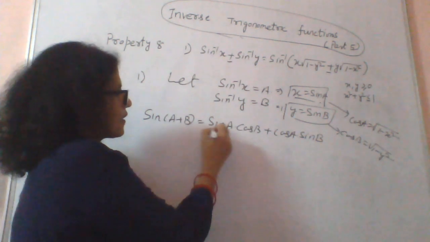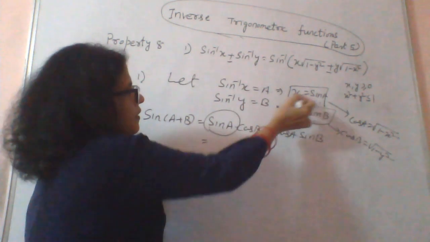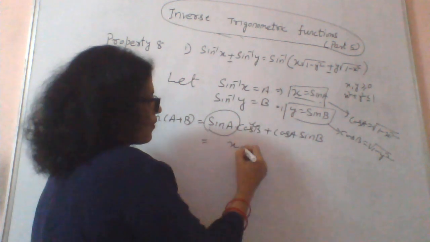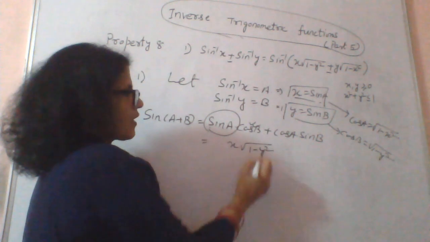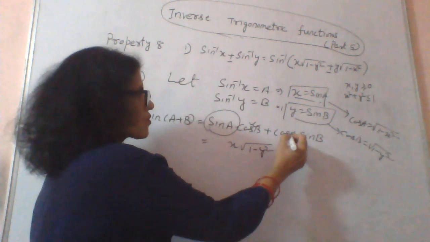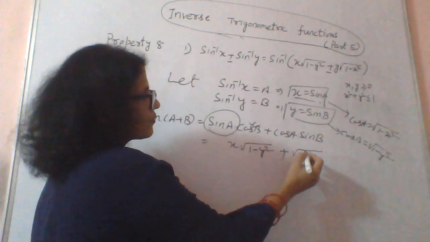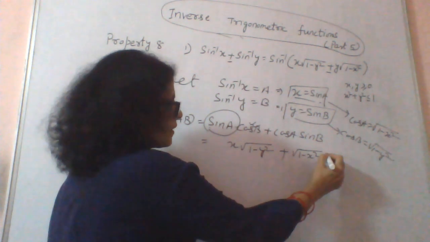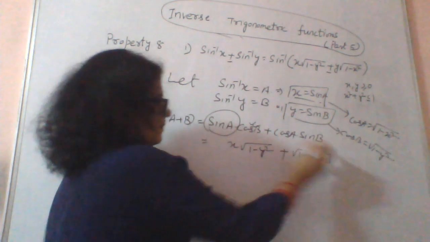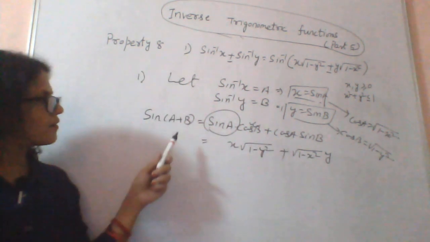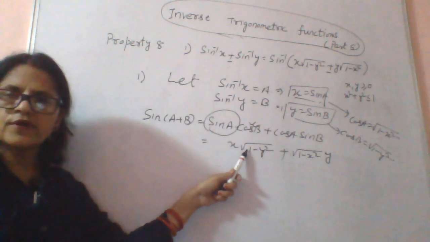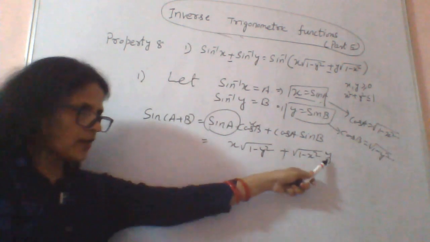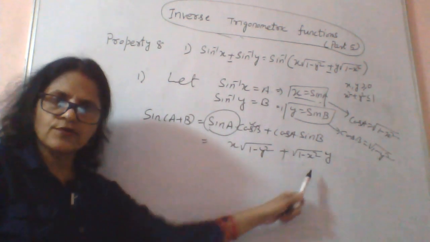So here sin a means you have x, cos b means you have under root 1 minus y square, cos a means under root 1 minus x square, and sin b means you have y here. So sin a plus b equals x into under root 1 minus y square plus y into under root 1 minus x square.